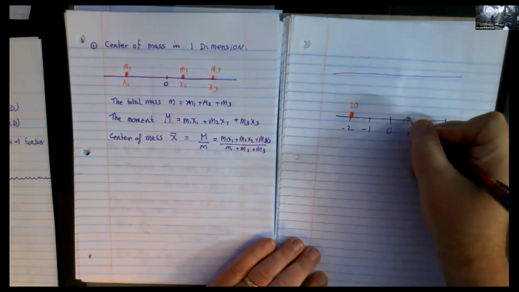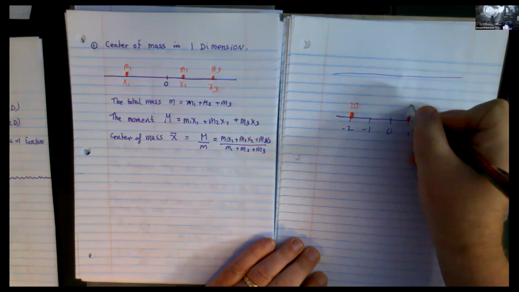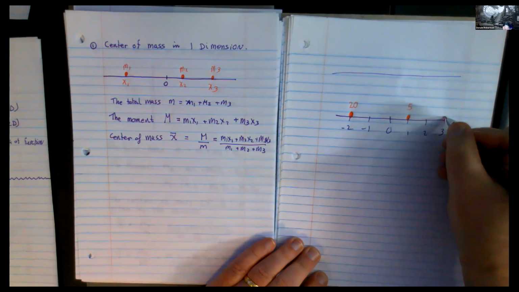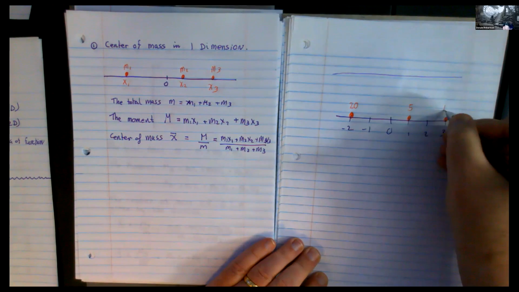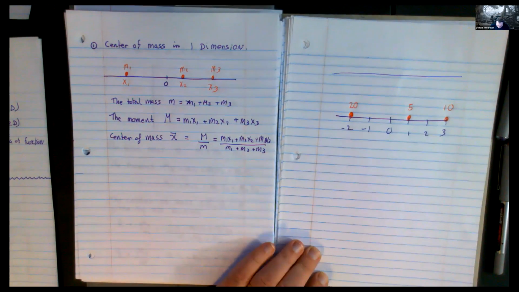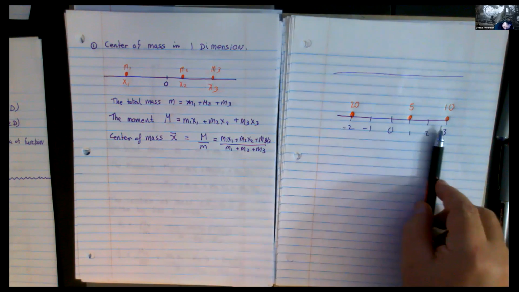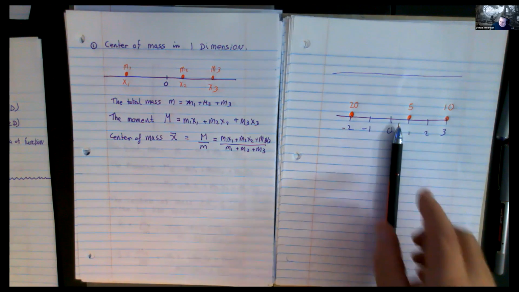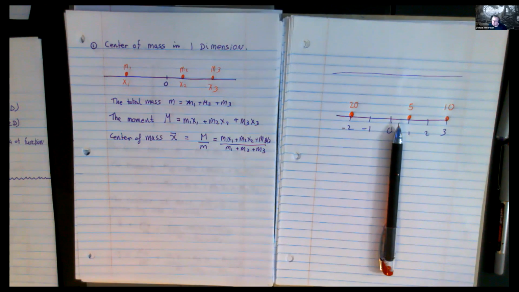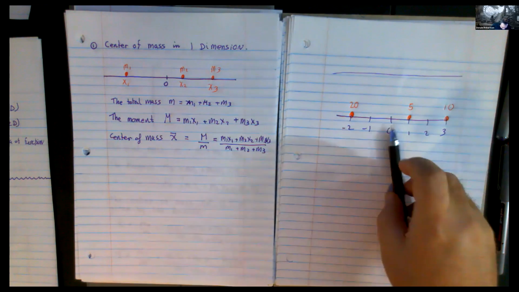And at this point here, it's going to have 5. And at this point here, it's going to have 10. So somewhere between x is -2 and x is 3, there's a balance point. Can you imagine that where my pen is might be that balance point? So what would happen is if I put a little fulcrum, a little triangle, like a seesaw, it would balance, right? It wouldn't keel over to one side or the other. That's what the center of mass tells us.